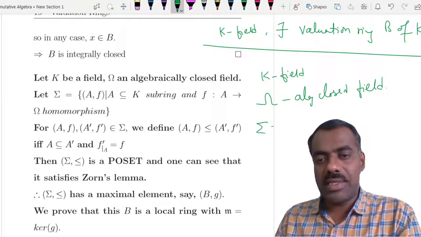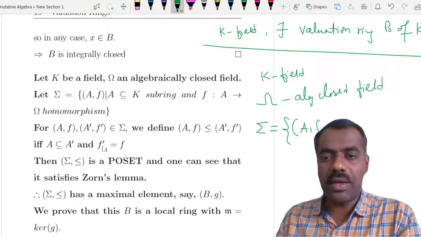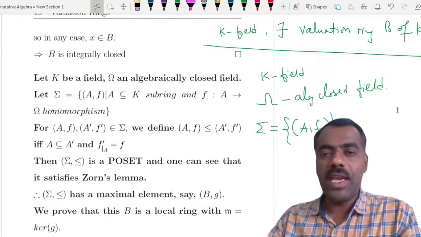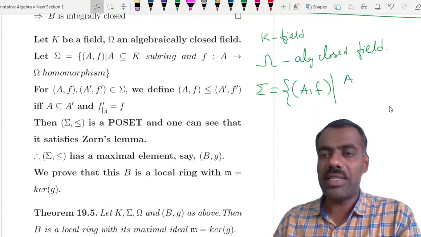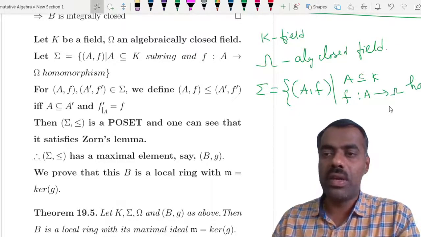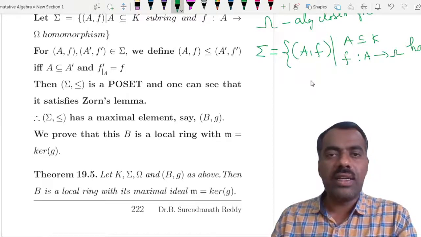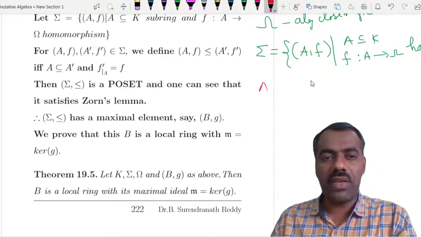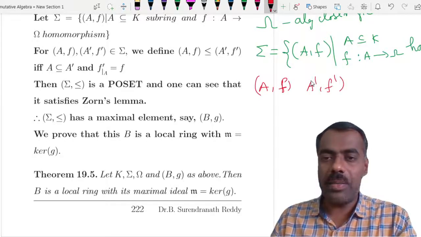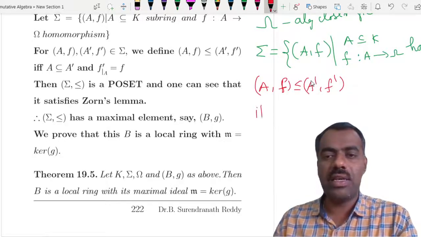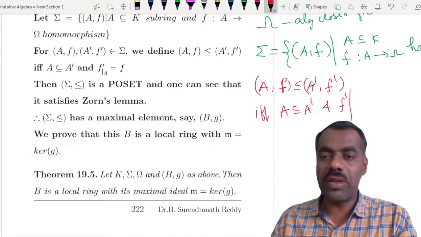Then consider this sigma, which is the set of pairs A comma F, where A is a subring of K and F is a homomorphism from A to omega. If we consider this, then we can easily define a relation for any (A, f) and (A prime, f prime): (A, f) is less than or equal to (A prime, f prime) if and only if A is a subring of A prime, and f prime restricted to A is f.